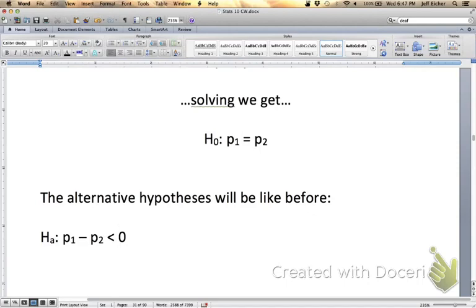So again, the numbers will be the same in the null and alternative hypothesis, and the parameters will be the same. You could also have it like this, if you like to do this kind of thing. Add p sub 2 to both sides. You could also see the alternative hypothesis written like this.